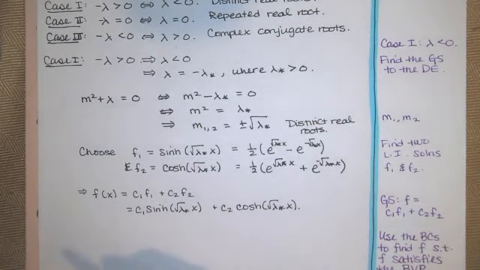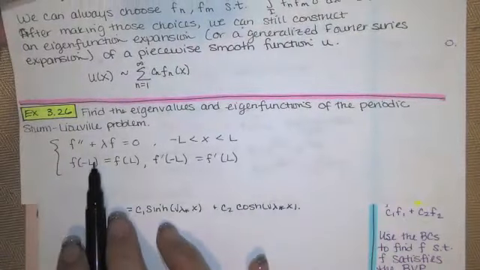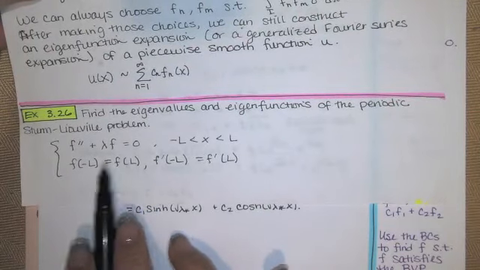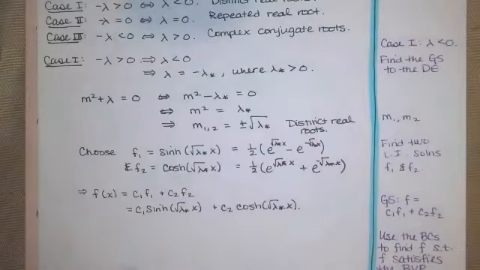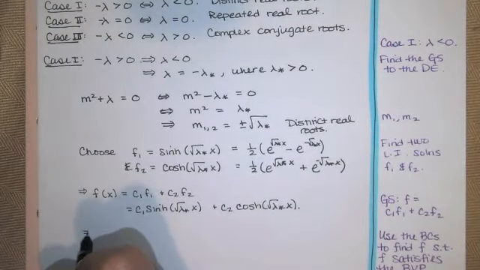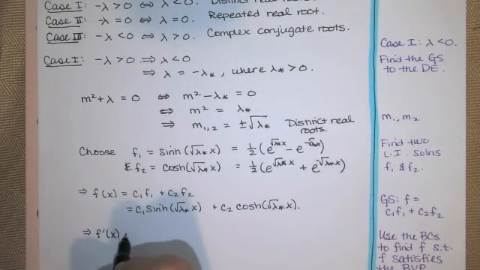Okay. Now our boundary conditions for this example involve the function at the left endpoint and the right endpoint, and its derivative at the left endpoint and the right endpoint. So we're going to use the derivative anyway. It's helpful or convenient at this point to compute that derivative.